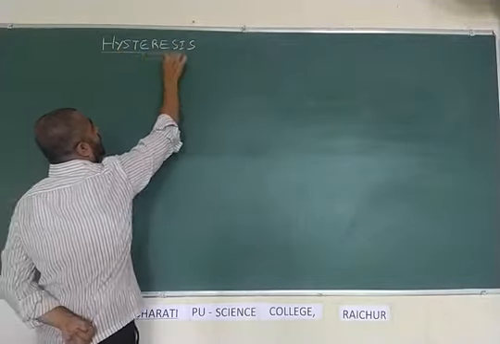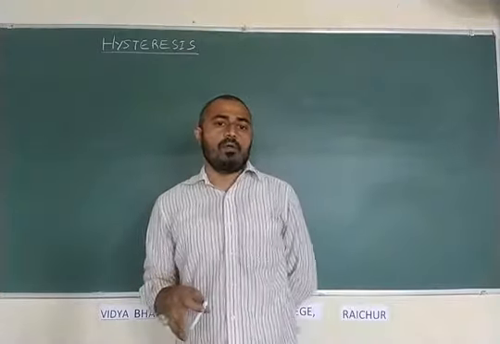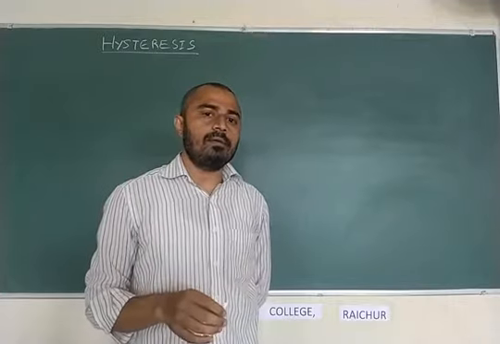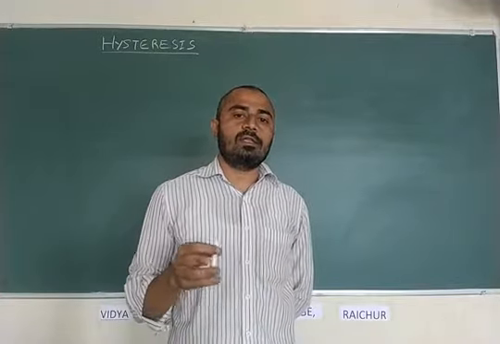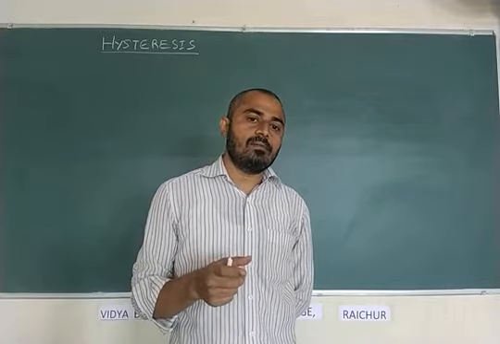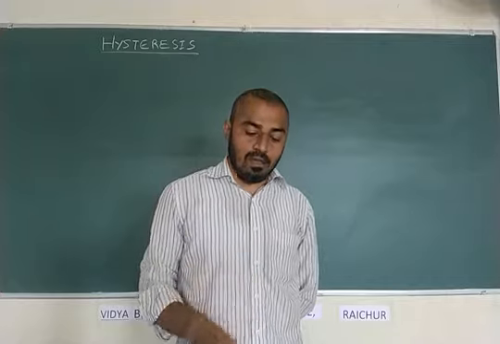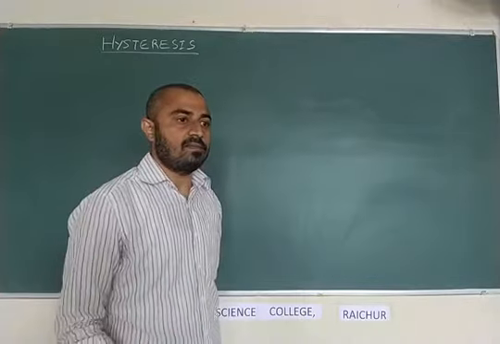Don't go according to the term-wise meaning of hysteresis, but for 1 mark or 2 marks, if it is asked, a hysteresis graph or hysteresis curve is a curve or a graph obtained by plotting B vector versus H vector. There the B vector means magnetic induction and H vector means magnetizing field intensity.